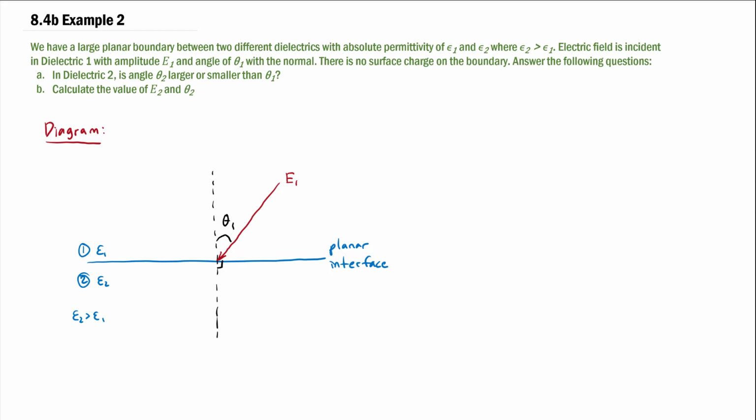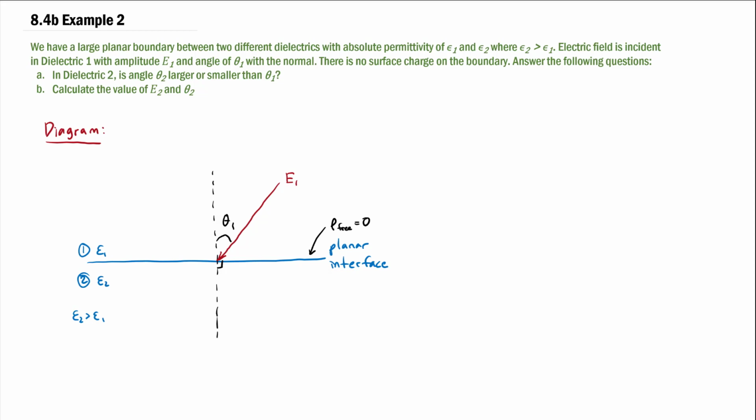It says there is no surface charge on the boundary, so that means at the boundary there's free charge of 0. We're going to now try and answer the following questions in dielectric 2, so underneath the boundary. Is the angle theta 2 larger or smaller than theta 1? So we don't really know how to draw this yet, so we're going to have to do some analysis.